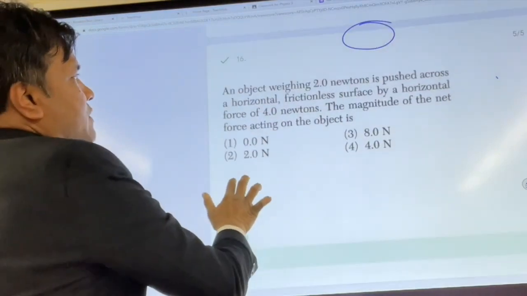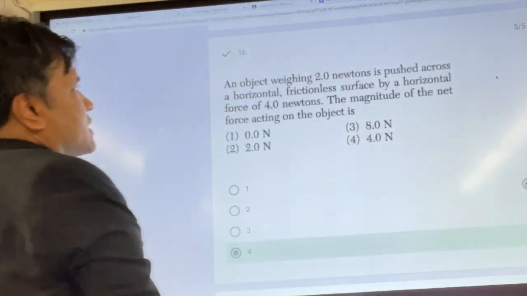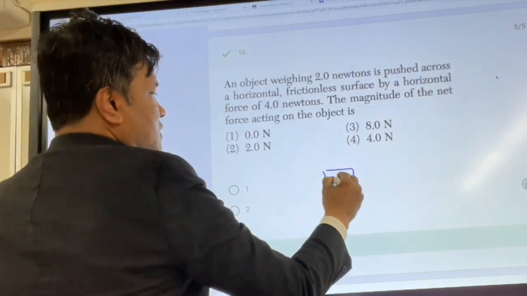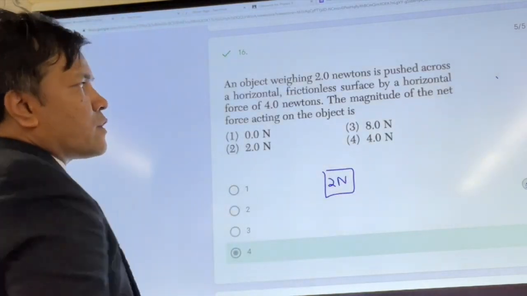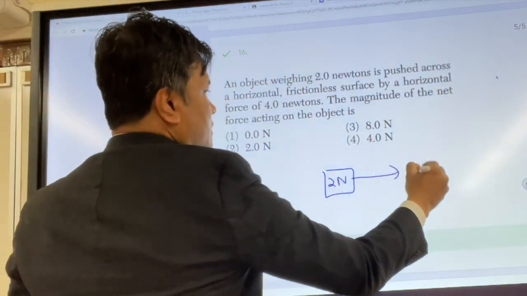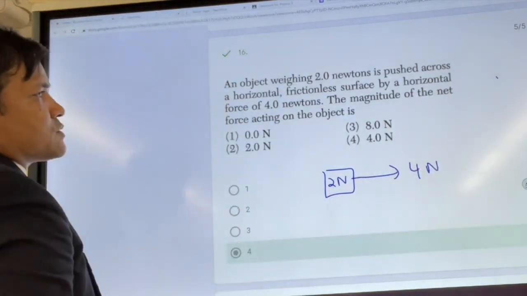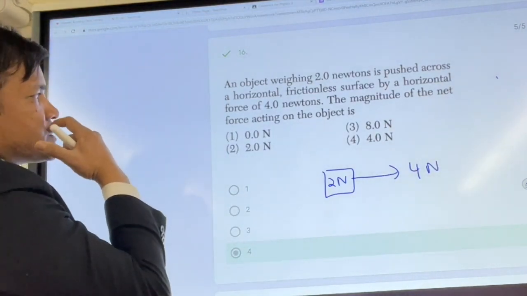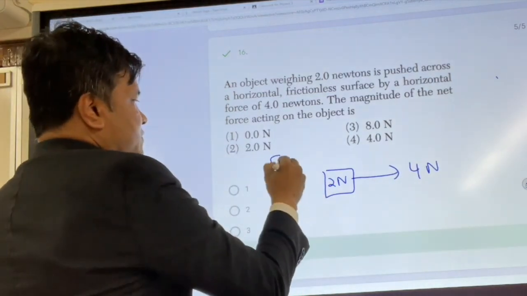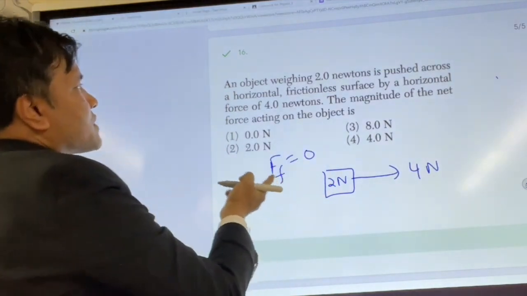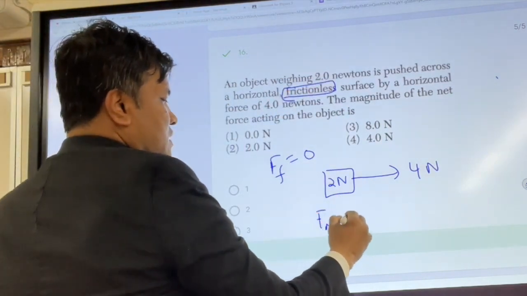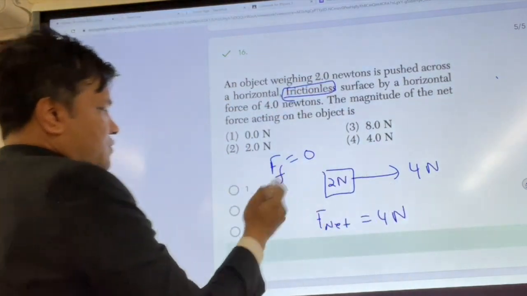An object weighing 2 Newton is pushed across a horizontal frictionless surface with a force of 4 Newton. So Fa is 4 Newton. The magnitude of the net force acting on the object is 4 Newton because there is no force of friction. Force of friction is 0 because it says frictionless. So the total net force is 4 Newton.